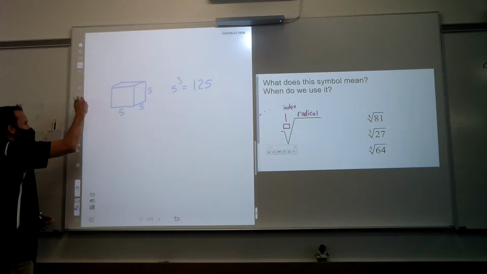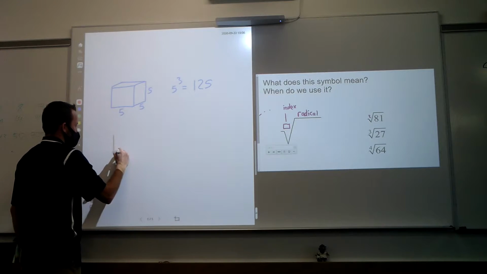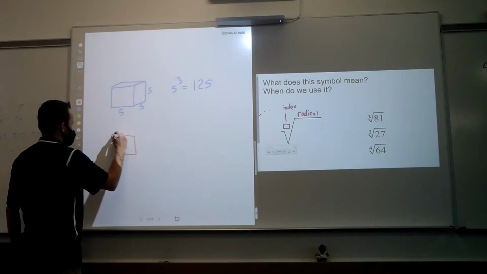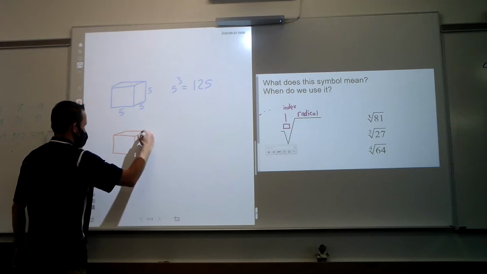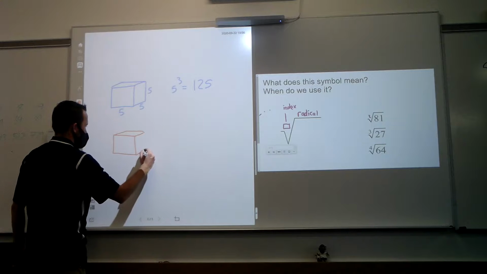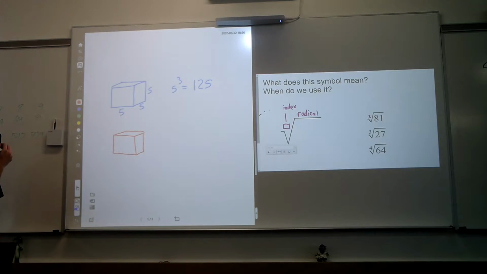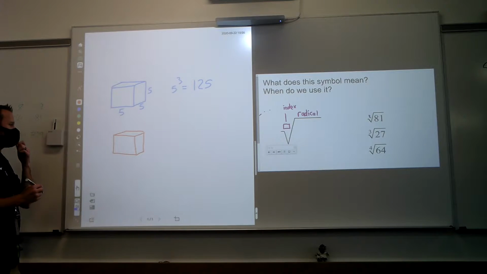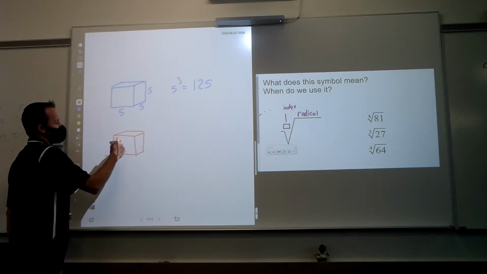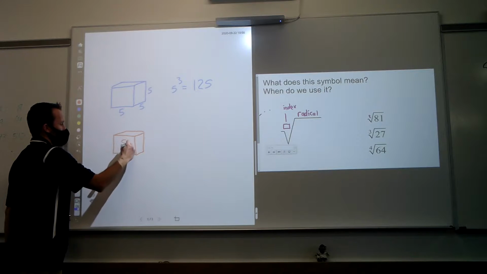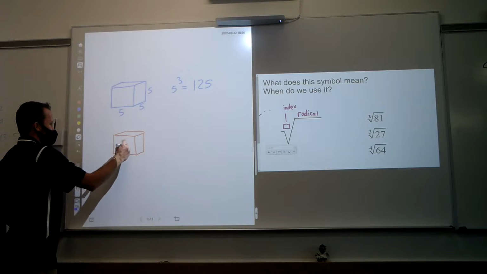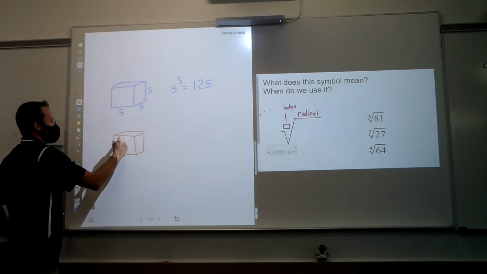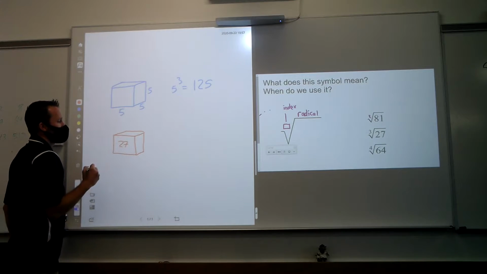Well, let's change that a little bit now. I'm going to draw another cube here. Maybe this one will be a little bit better. It's not great, but it's okay. Let's say I have this cube here, and the volume is 27.